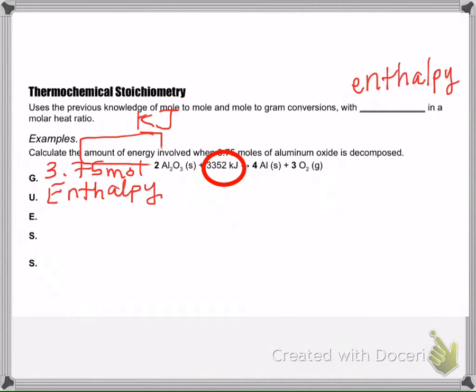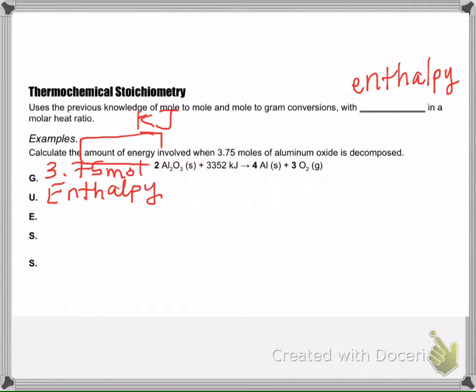And we are producing 4 moles of aluminum and 3 moles of oxygen gas. So we're going to use the mole ratio to determine how much energy is produced if I'm putting in 3.75 moles of aluminum oxide into this reaction.